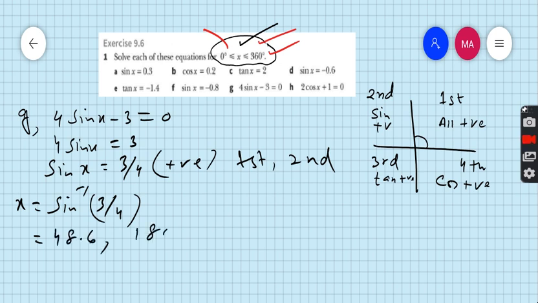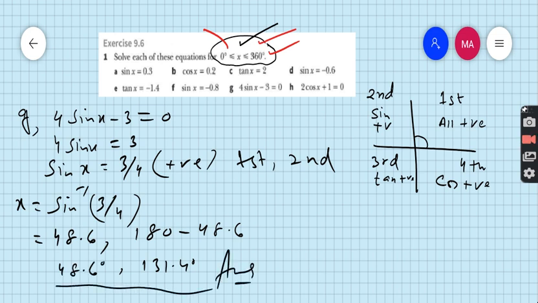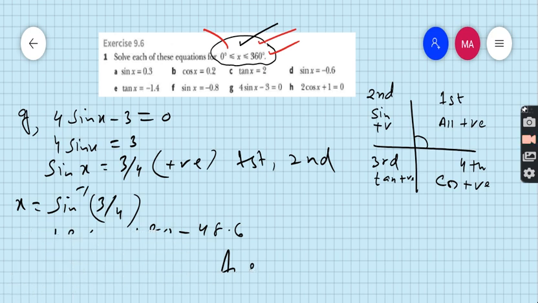And obviously the second value, because the second quadrant value should be found by subtracting from 180, so 180 minus 48.6. The answer is 133.4. Sorry, 131.4. This is our final answer. Now come to part H.